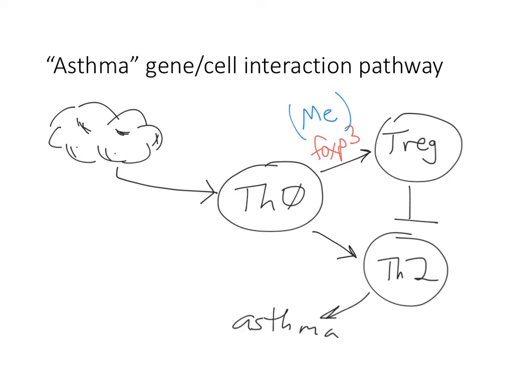FOXP3? Is it on the X chromosome? We've got consensus. How did you do that, by the way? How did you find Google? Okay, are those web pages that are ones we can trust? Gene cards, Wikipedia.